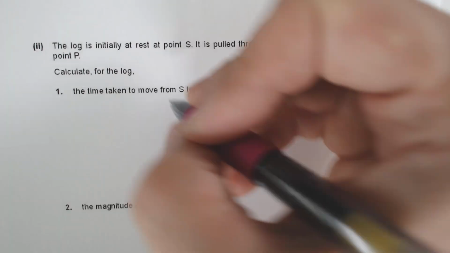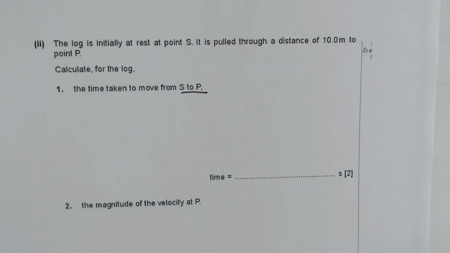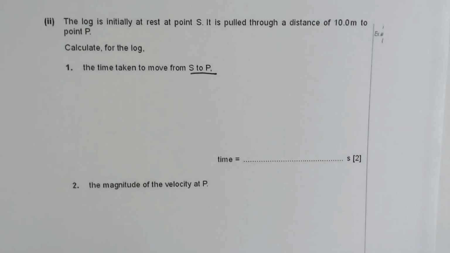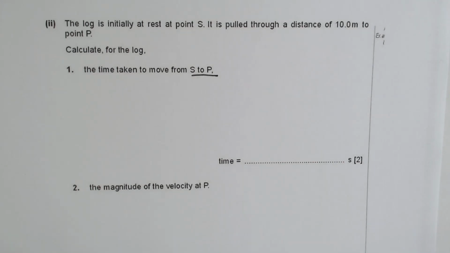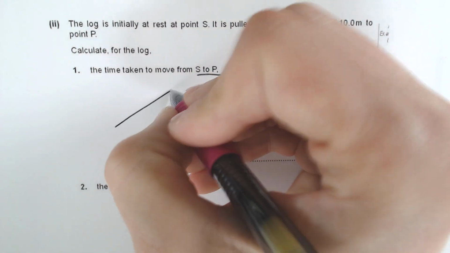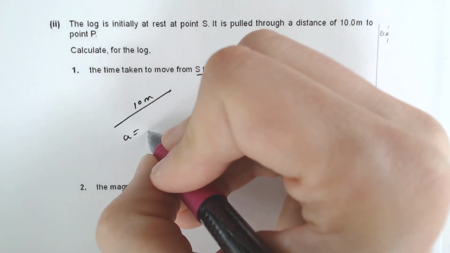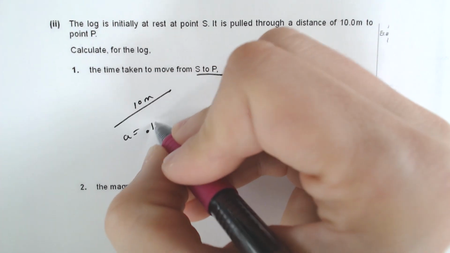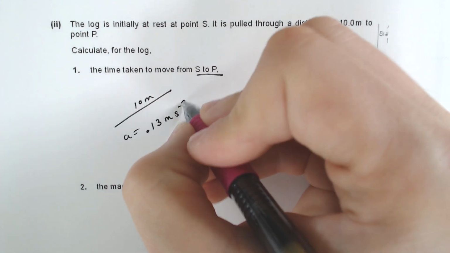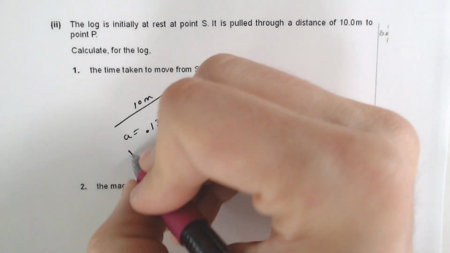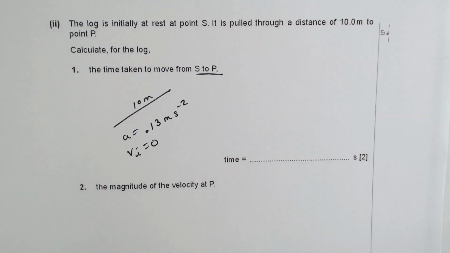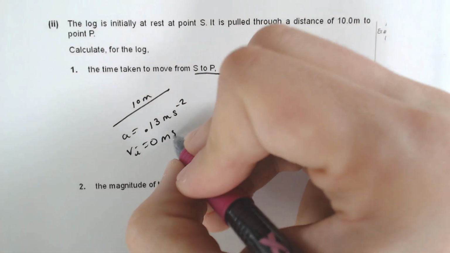Calculate for the log the time it takes to get from S to P. This just seems like a kinematics question, okay? So it went a distance of 10 meters up here. It had an acceleration, according to the problem, of 0.13 meters per second squared. And it had an initial velocity of 0 meters per second.